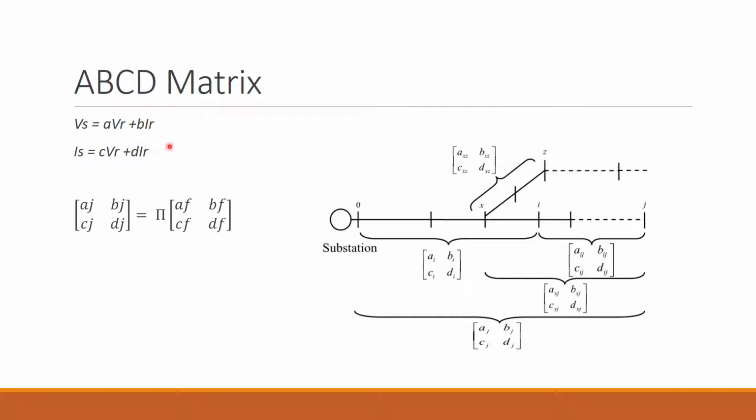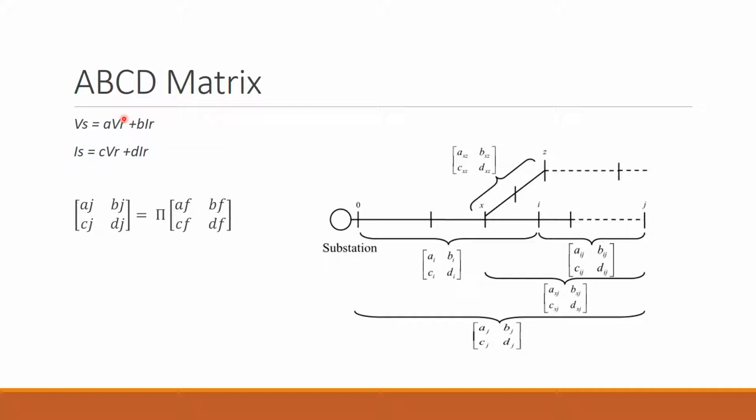And the same thing is going to apply to the Is, with the only exception that we're going to utilize C and D rather than A and B. So voltage sent, once again, equals A times voltage received plus B times current received, and Is is going to equal C times voltage received plus D times current received.